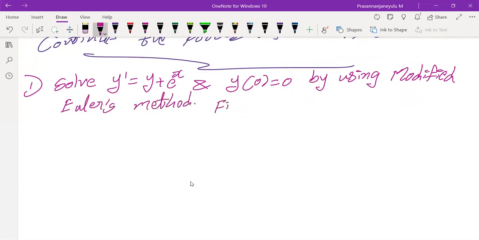And also, they're asking us to find y of 0.2 and y of 0.4.